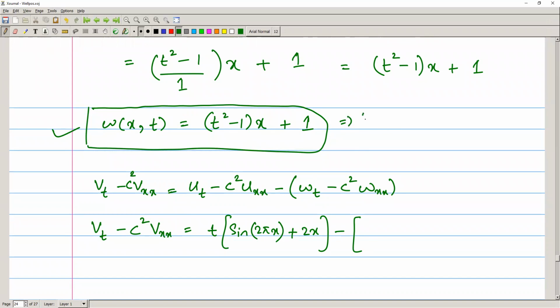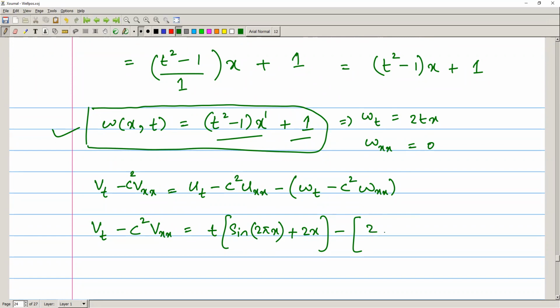This implies that wt will be equal to, we will differentiate this, so this will be 2tx, right? And then w of xx will be 0 because the maximum power is 1 for x and the second derivative will be 0, right?